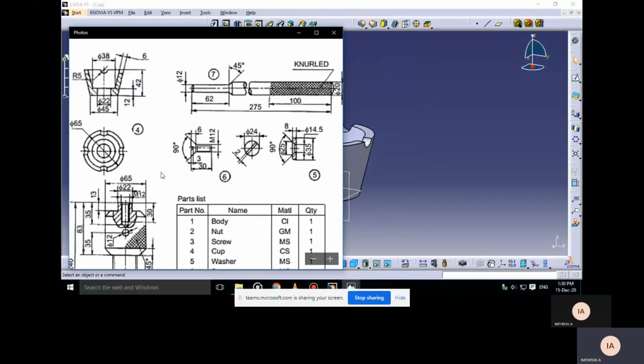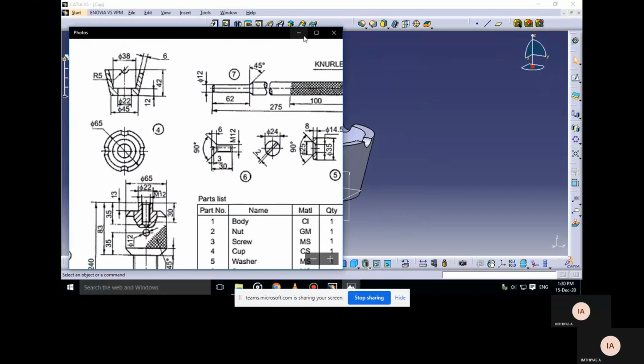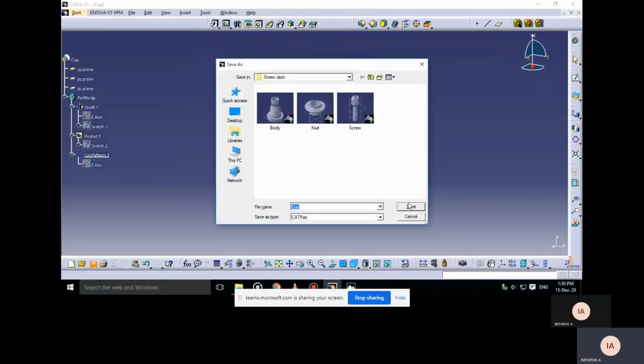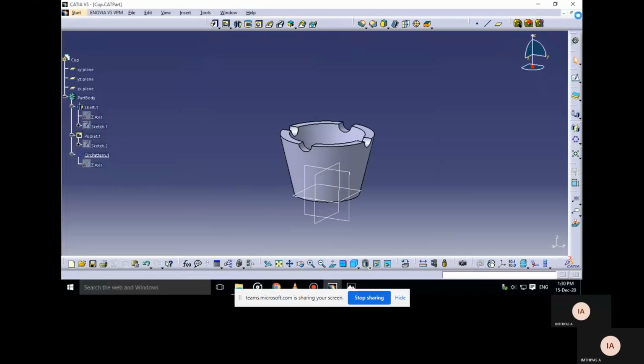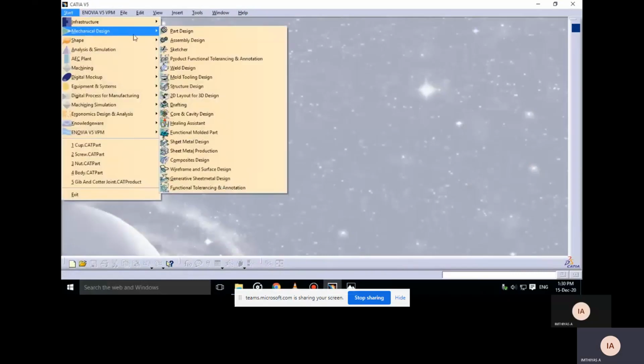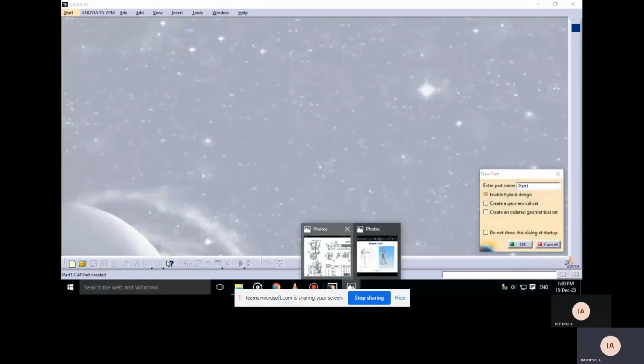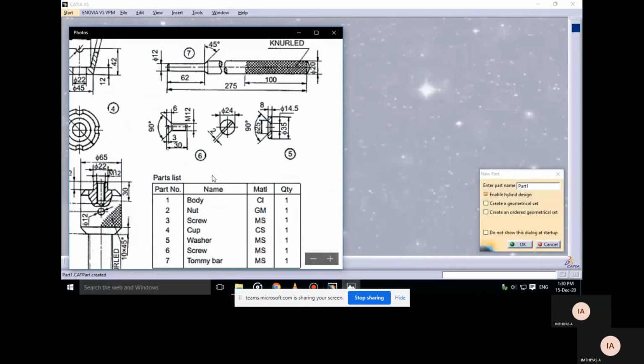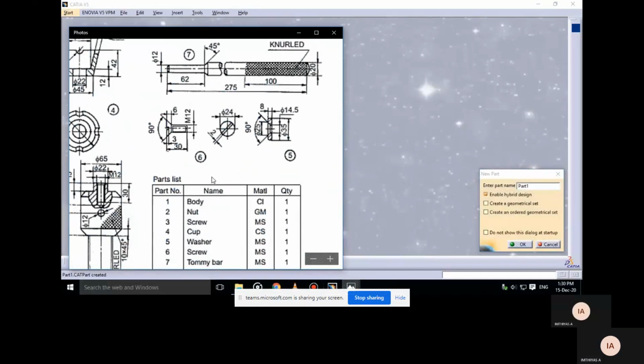Now we will draw a washer. The part is the washer.